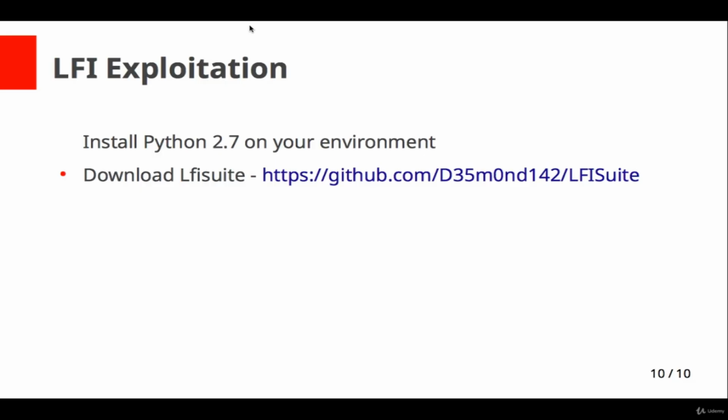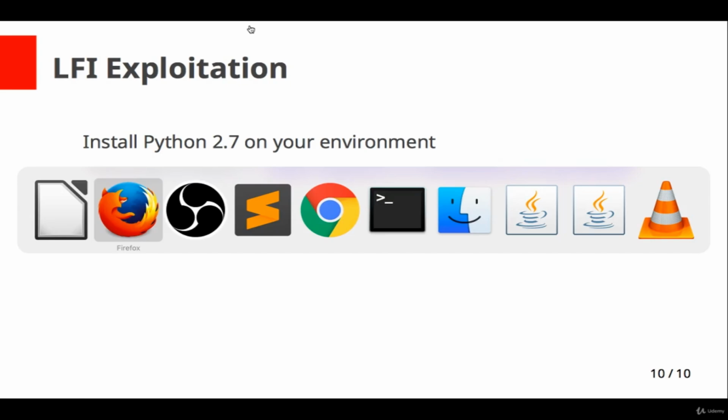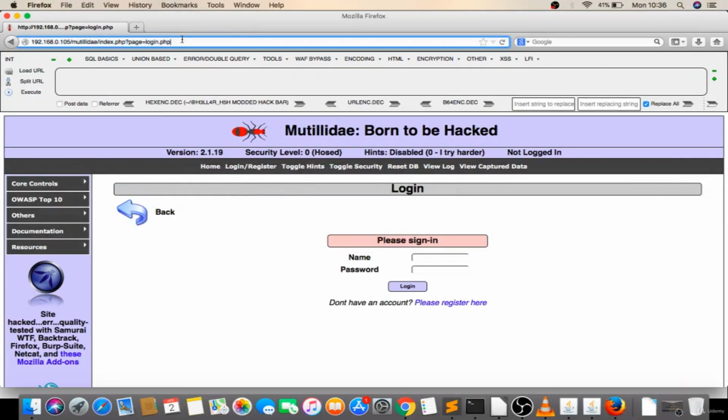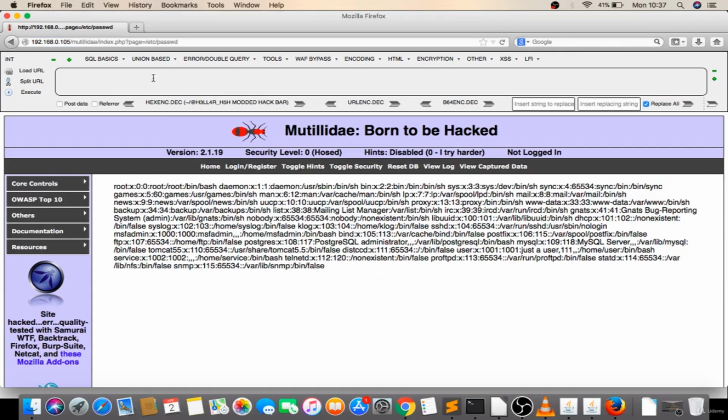For this, you have to install Python 2.7 in your environment, as well as download LFI Suite from this link. I already downloaded it. Now I first have to find whether the URL is vulnerable or not. So I'll do /etc/passwd here. I got the etc/passwd data, that means this is vulnerable.